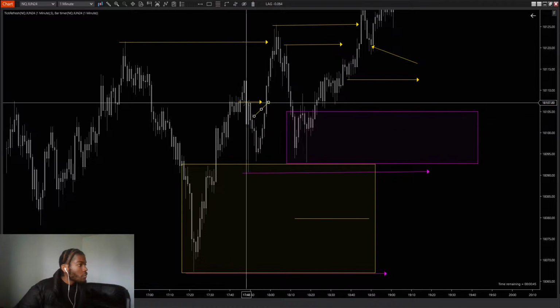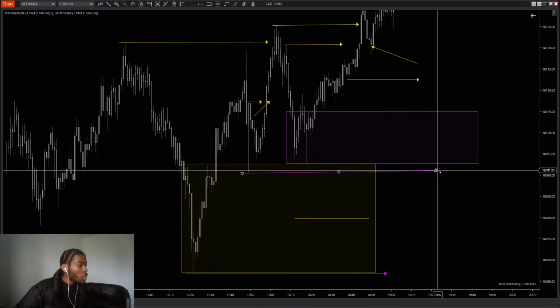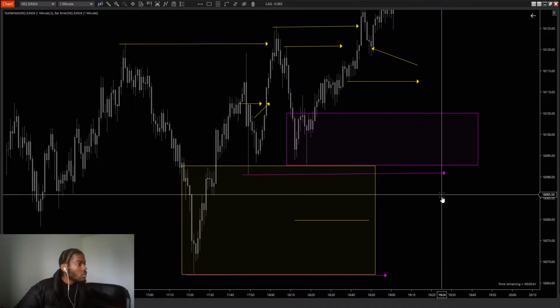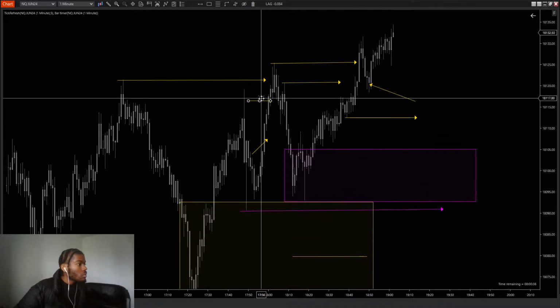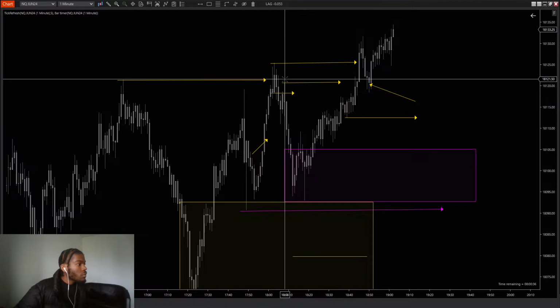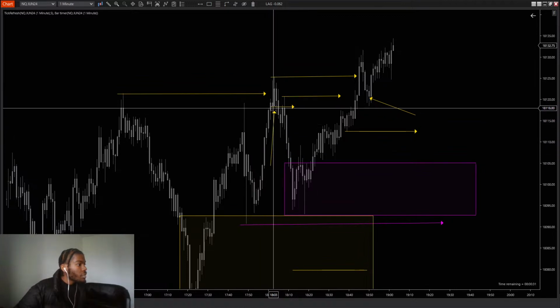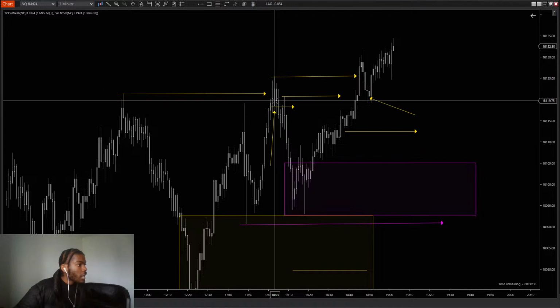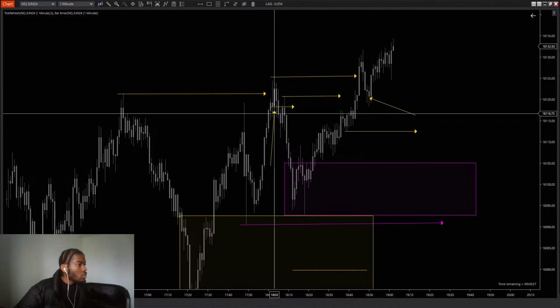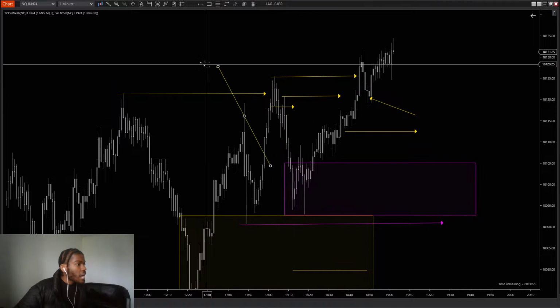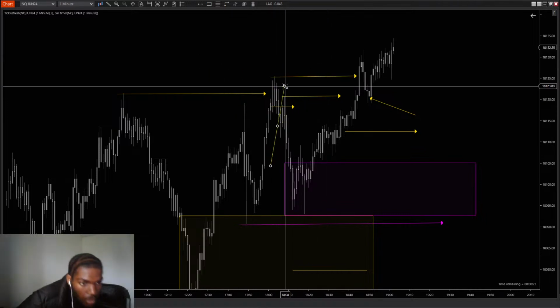Your body closure above it, this low becomes valid. You see your body closure above this up candle, this high above here becomes valid.